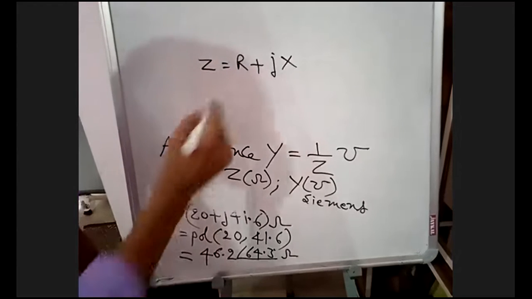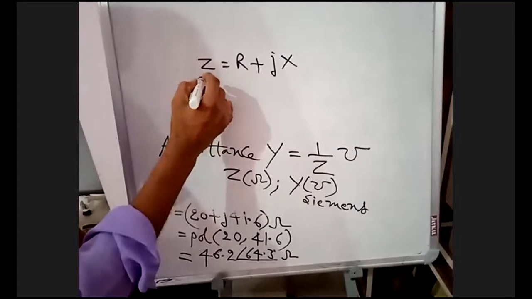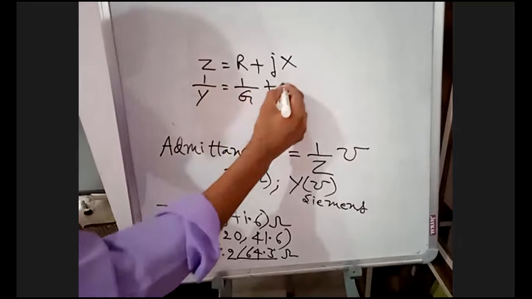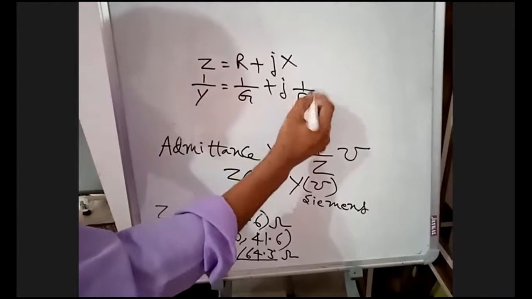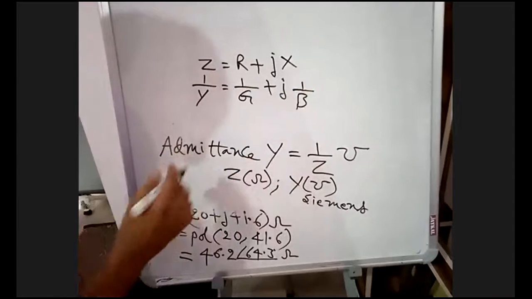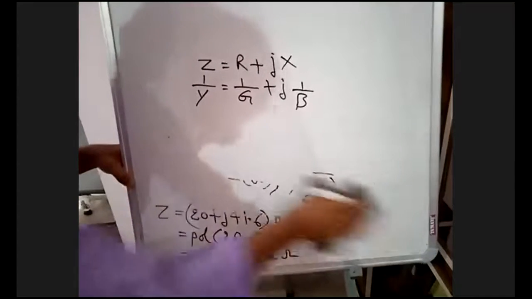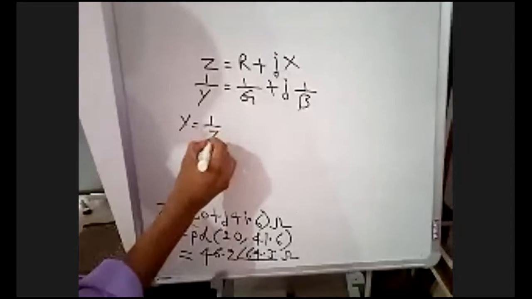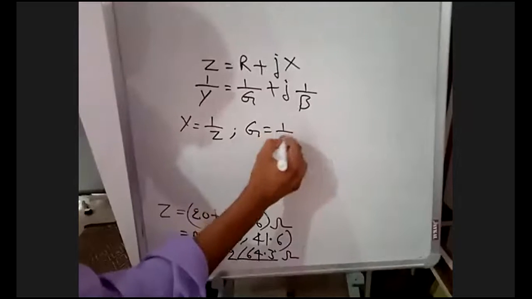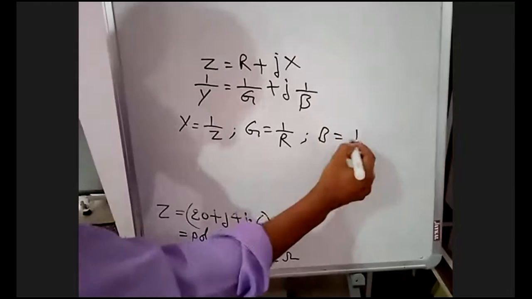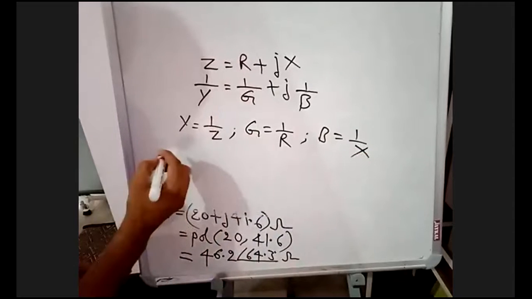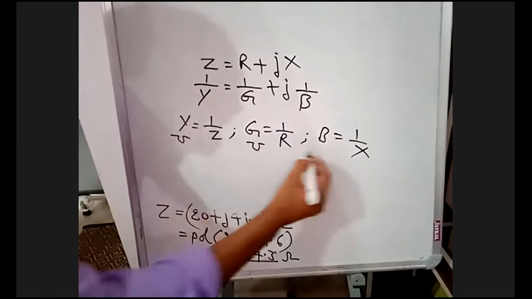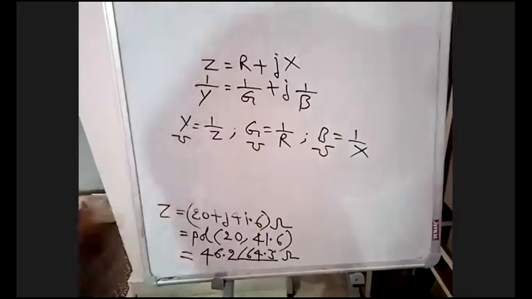Now see here, Z is equal to 1 by Y, R is equal to 1 by G, X is equal to 1 by B. Therefore, Y is equal to 1 by Z, G is equal to 1 by R, B is equal to 1 by X. Unit of Y is Siemens, unit of G is Siemens, the unit of B is Siemens.